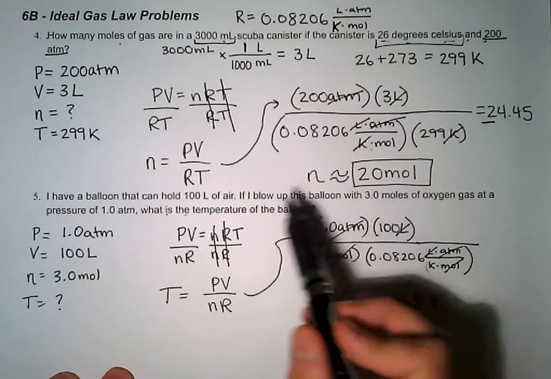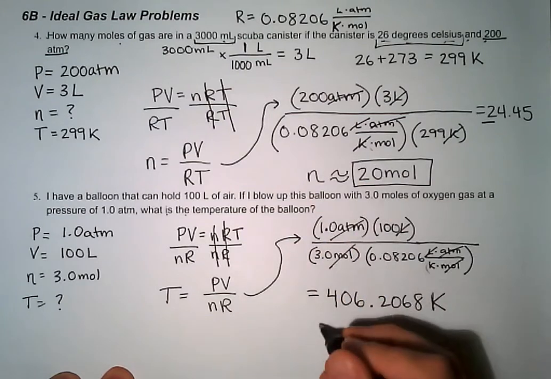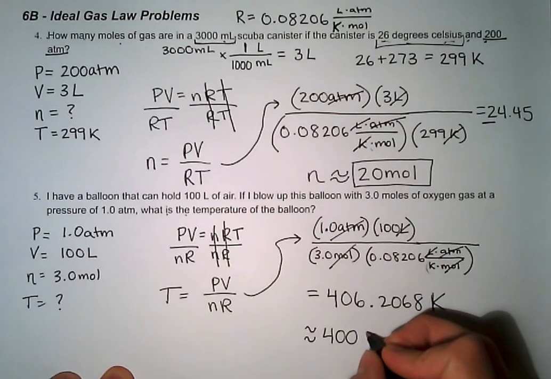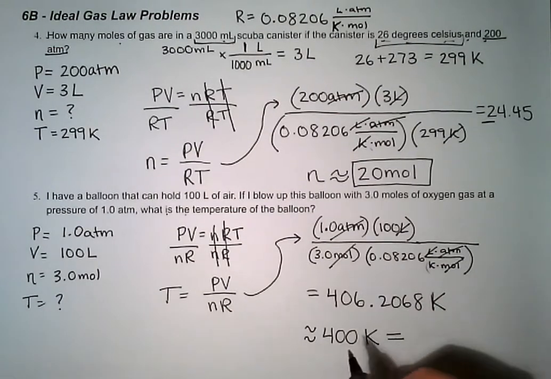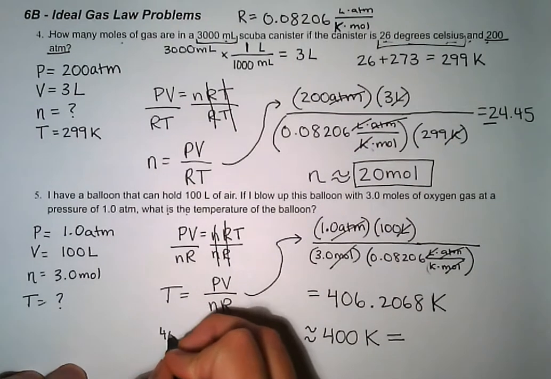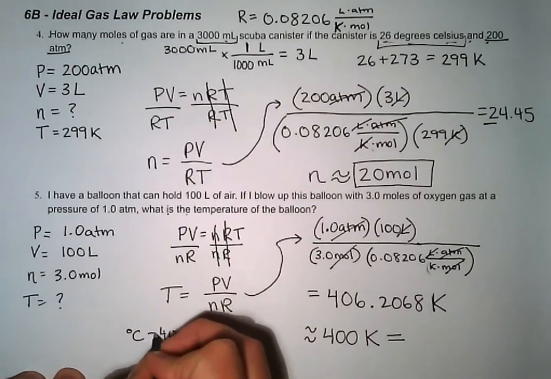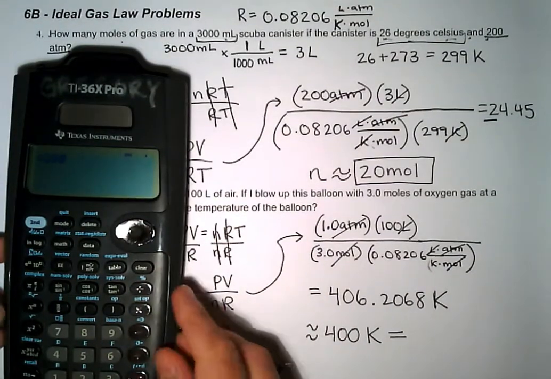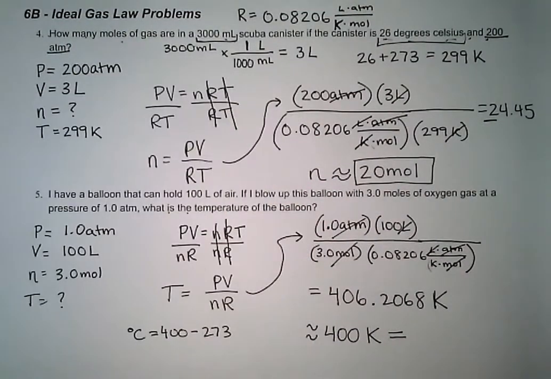We have 2 sig figs here, 1 here, and 2 here. So technically we just round to one significant figure. So it's approximately 400 Kelvin, which also is going to equal 400 minus 273 will give us our degrees Celsius. So let's do that real quick. 400 minus 273 gives us 127 degrees Celsius.